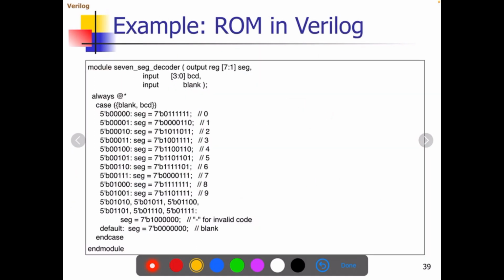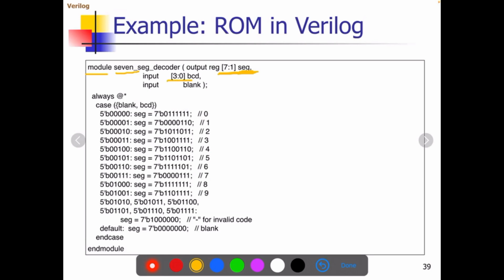Now have a look at this Verilog program, taking the 7-segment decoder as an example. The module is given the name 7-segment decoder. We have defined the output called SEG, segment, which is a 7-bit variable, 6 down to 0, totaling 7 bits.